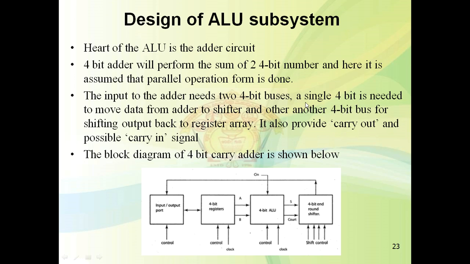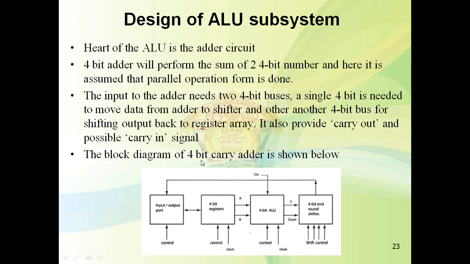A single 4-bit bus is needed to move the data from the adder to the shifter, and from the shifter we require one more 4-bit bus for shifting out data from the output shifter to the register array. It also provides carry out and a possible carry in signal.